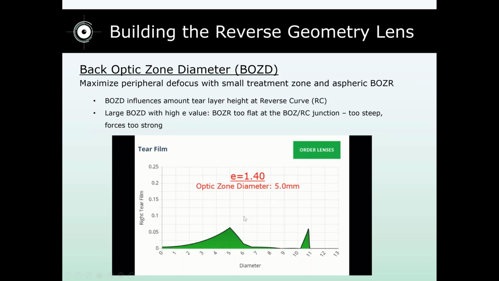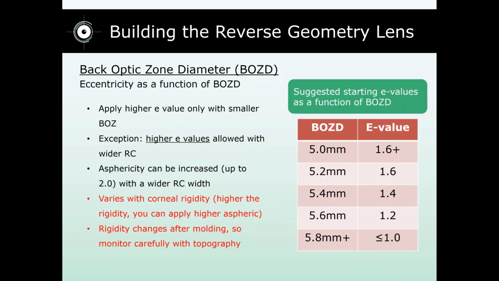So the danger is the larger the peak, the greater the forces, and you come into issues with perhaps excessive forces. The lens will sag down onto the cornea. That's one of the things we have to consider with large optic zones, especially with high myopes and with high eccentricity.